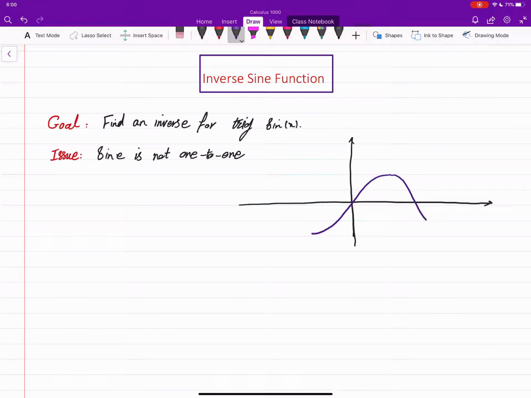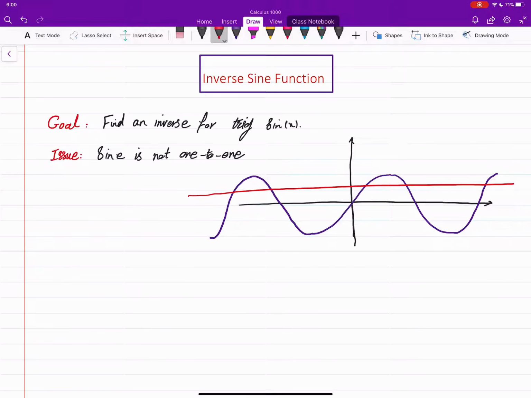It's actually not only not one-to-one, but also the worst kind of not one-to-one, because it is periodic. It repeats itself infinitely many times. If you draw any horizontal line between -1 and 1, you will see that it intersects the graph of the function infinitely many times. So it fails the horizontal line test.